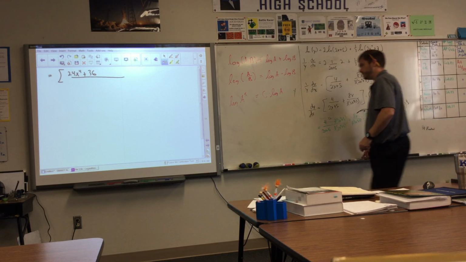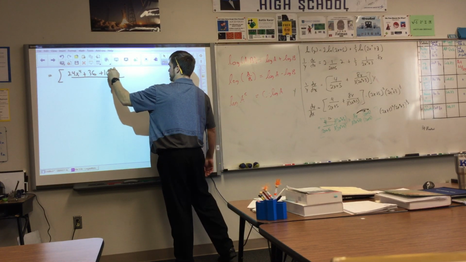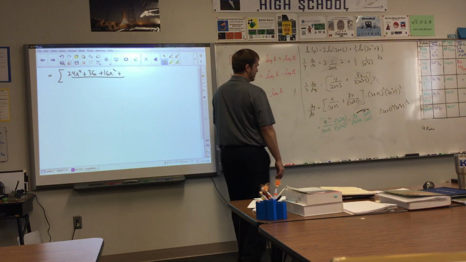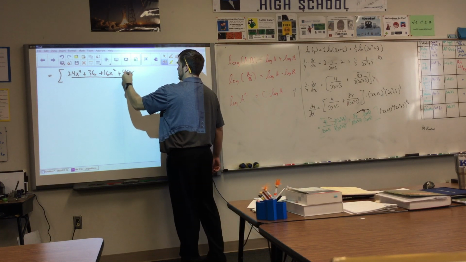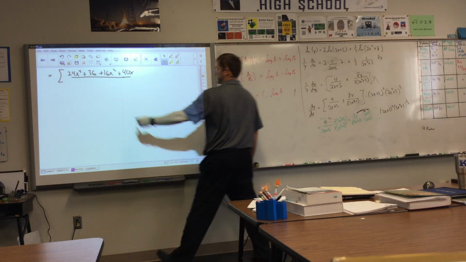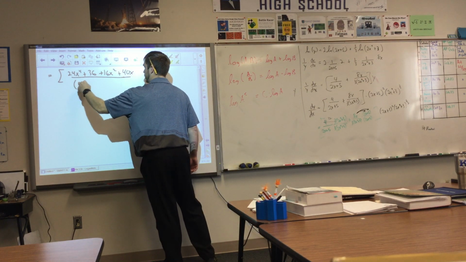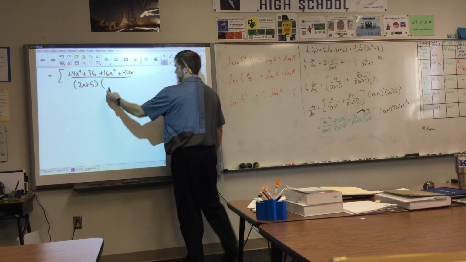So 8x times 2x is 16x squared plus 8x times 5. So that's 40x, all over 2x plus 5 times 3.